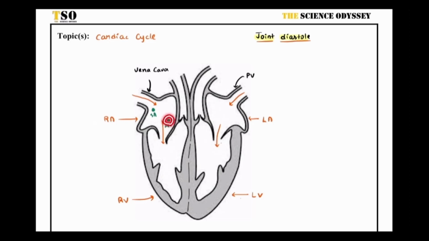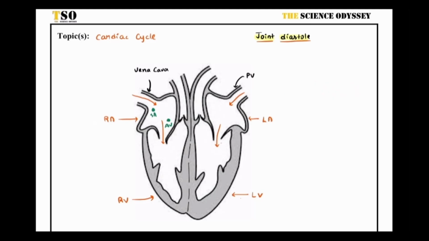The AV node that received the action potential from the SA node transmits the action potential onto something which is called the bundle of His.